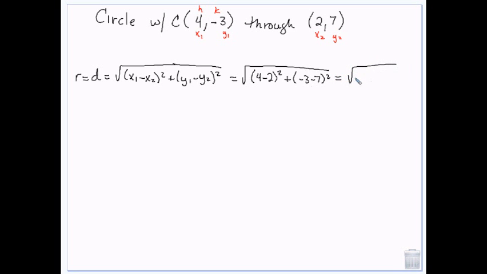So I get the square root of 2 squared plus negative 10 squared. So the square root of 4 plus 100, which is the square root of 104, and I don't really care what the square root of 104 is, I just need this, and I stop.